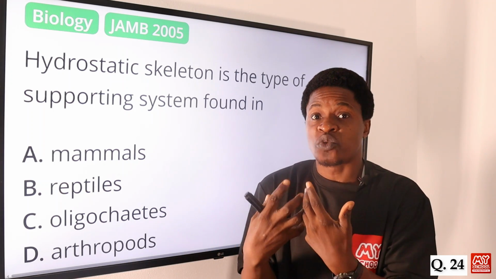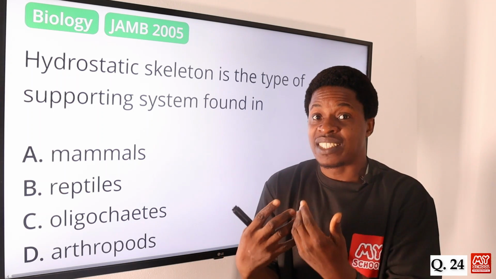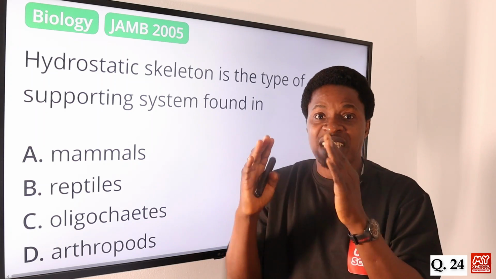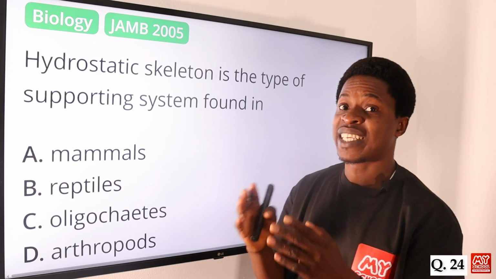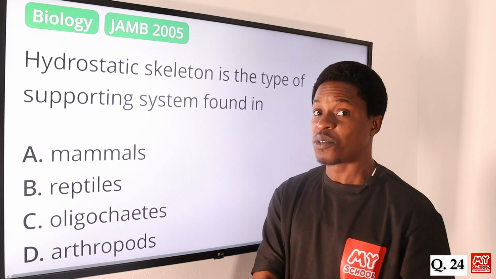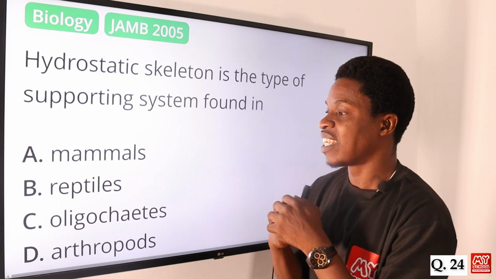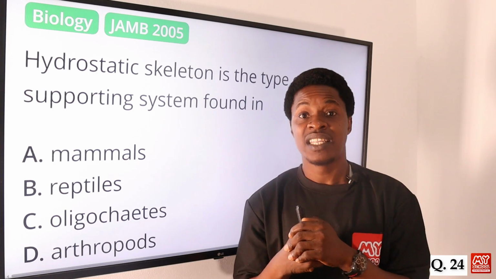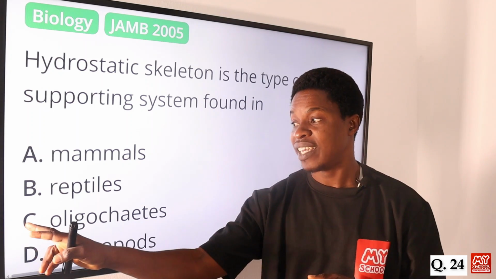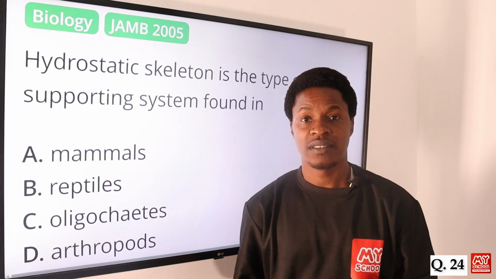Their muscles become contracted, and as the muscles contract, they can move and take the shape of that particular part. So that kind of skeleton is not an exoskeleton. It is different, it is the hydrostatic skeleton, like we can find in the earthworm. So the correct answer here is option C.